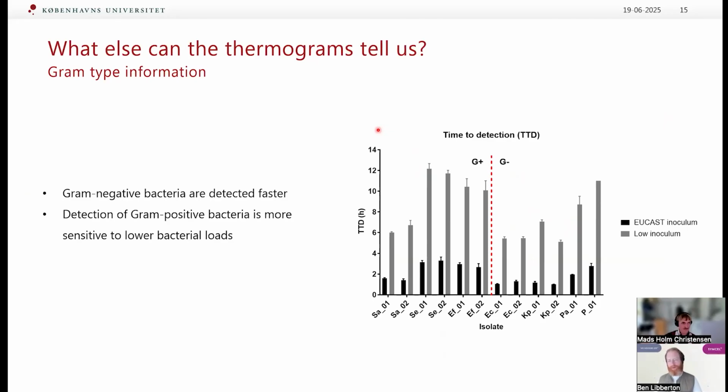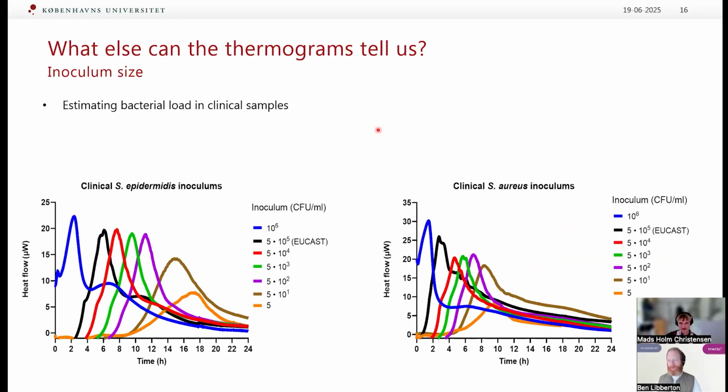And speaking of inoculums, I have done a more complete range of dilutions for some of my isolates. And here's a Staph epidermidis, here's a Staph aureus. And you can see how beautifully these curves are separated the more diluted your samples are.